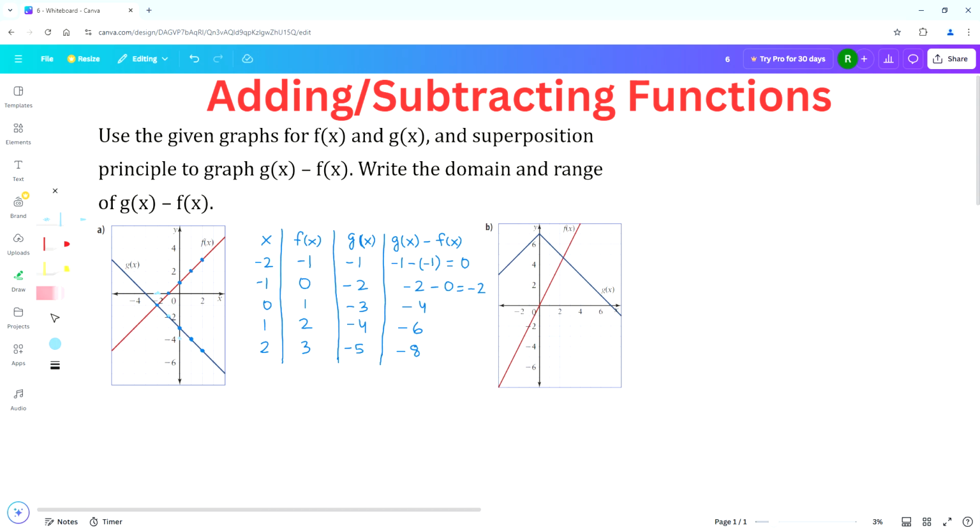The next point is (1, -6), and the last point is (2, -8). These points can be joined by a straight line. So this is the graph of g(x) minus f(x).